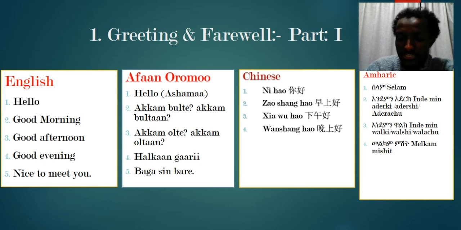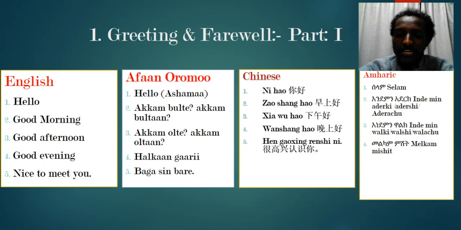In Chinese, what will it be? 很高兴认识你. Han, the third tone. 高兴, the first tone, the fourth tone. 认识, ren, the fourth tone, shi, no tone.